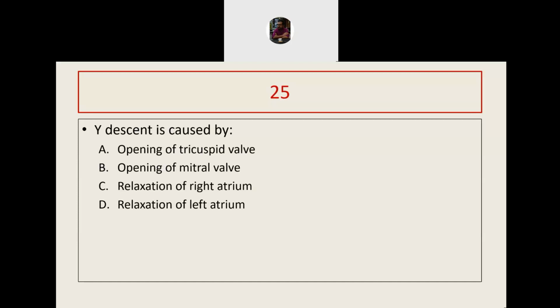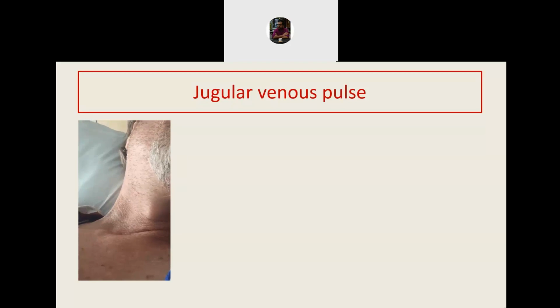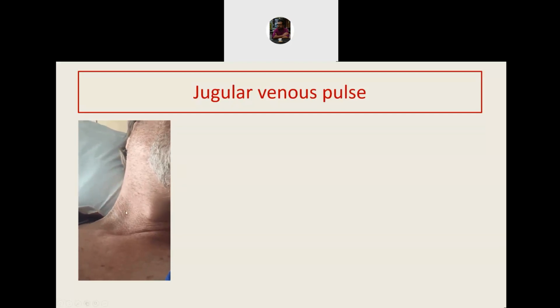Okay, so let us discuss the jugular venous pulse. In certain conditions, as given in this image, you can see a visible purring of the jugular vein in between the two heads of the sternomastoid. So it is best seen than palpated. It is such a feeble pulsation that if you touch it, the pulse may be abolished.